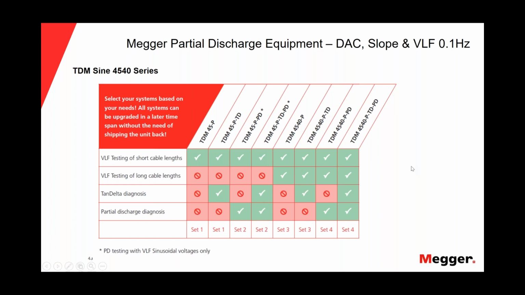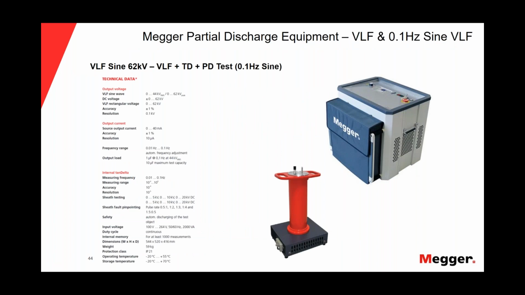Okay, so it's a very convenient unit. And the last unit we have is our BLF Sin 62. This is a sinus BLF, has an internal tan delta, and also we can use the PDS 62 to do the partial discharge test.